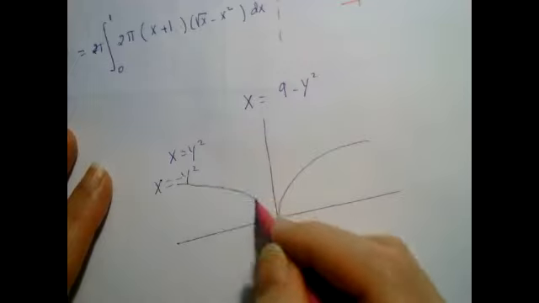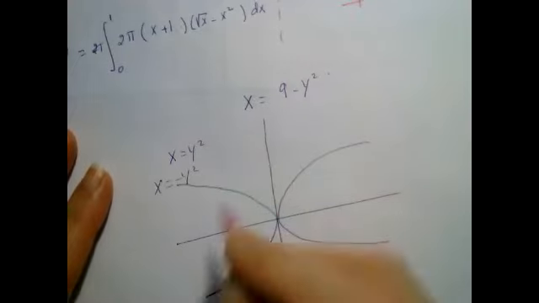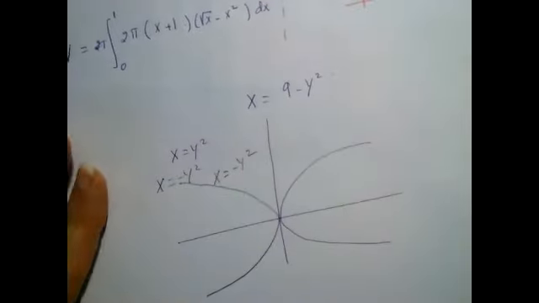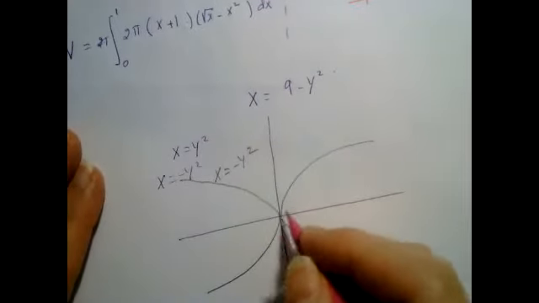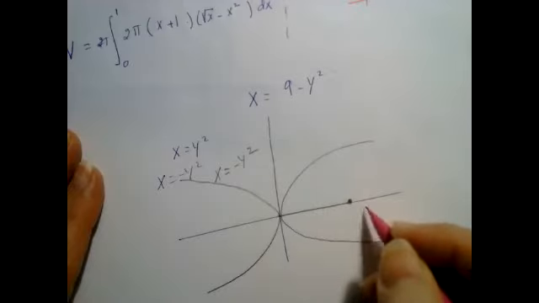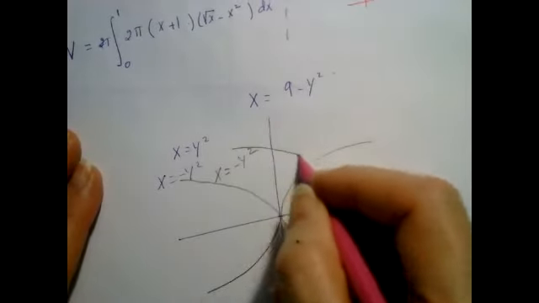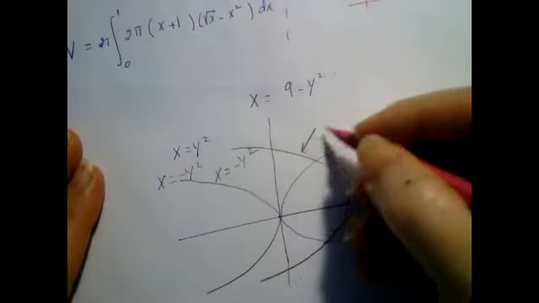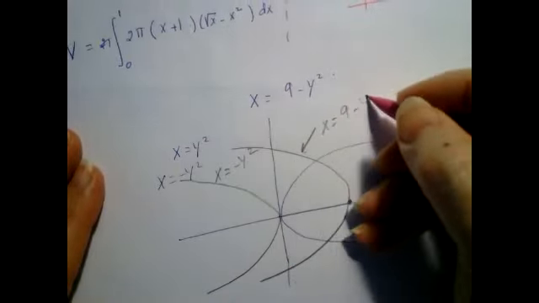It's just like that, x equals minus y squared. Okay. If you want x equals 9 minus y squared, you take this graph and you push it right here. And then you get this picture. So that would be x equals 9 minus y squared.